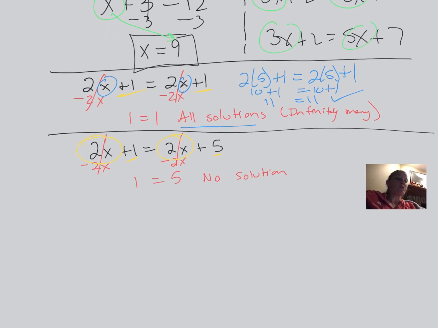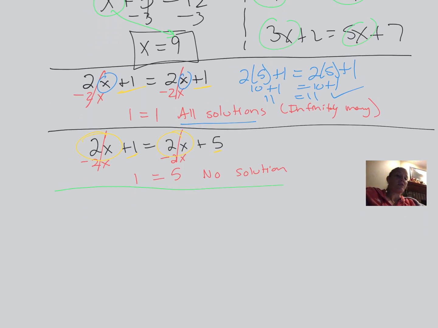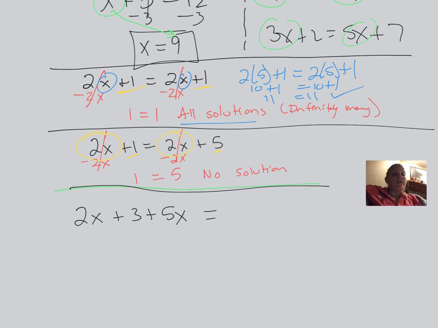You may also end up with a problem that's a little bit harder to tell. So if I had a problem like this, 2x plus 3 plus 5x is equal to, let's see, 2 times 3x plus 1.